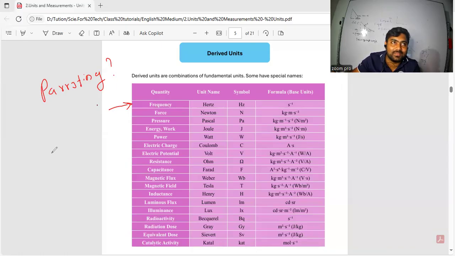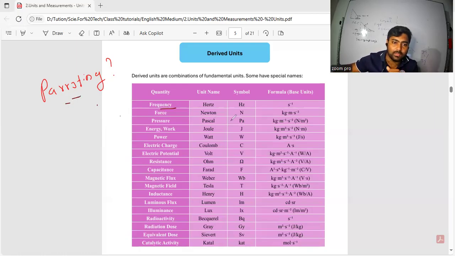Parroting means just reading and writing, like copy and paste. In parroting, there is no logical thinking. Can you understand? There is no logical thinking.